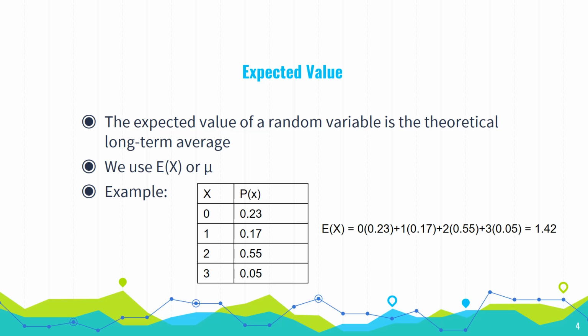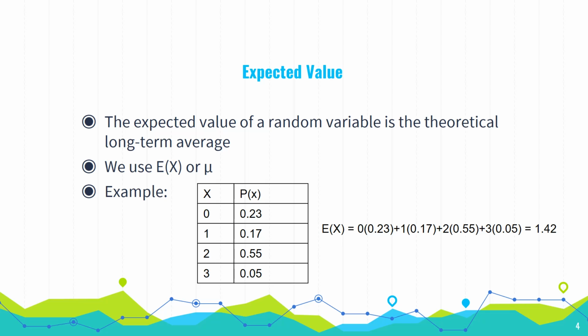So this random variable, the expected value is 1.42. Of course, this random variable never will take the value 1.42 because it's either a 1 or a 2. It's never between them. However, if we were to observe this random variable again and again and average out all of our observations, we should get an average that's close to 1.42.